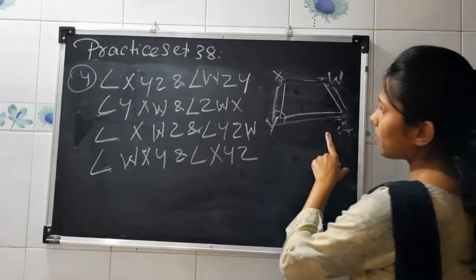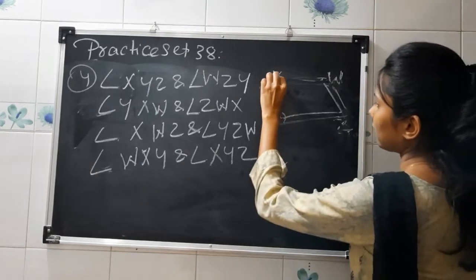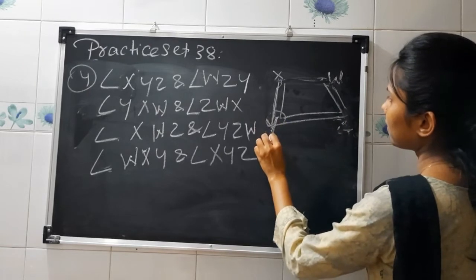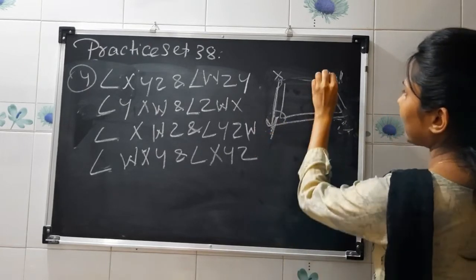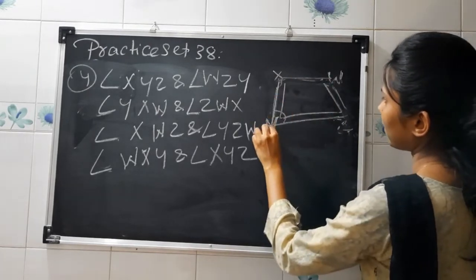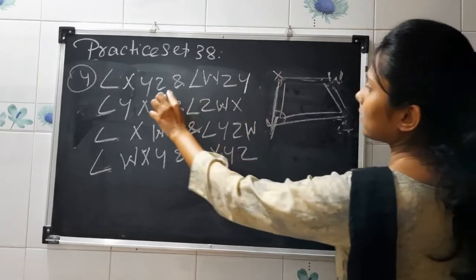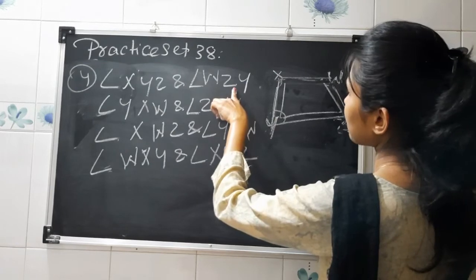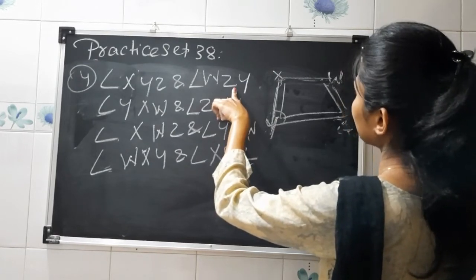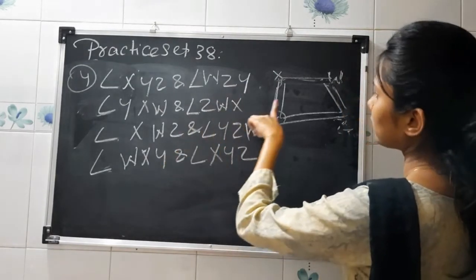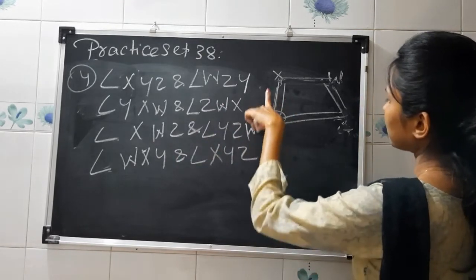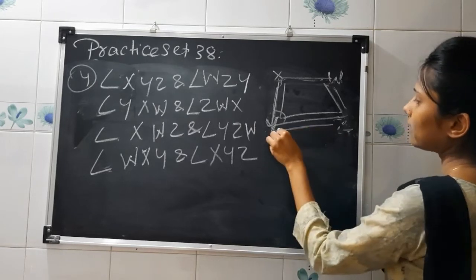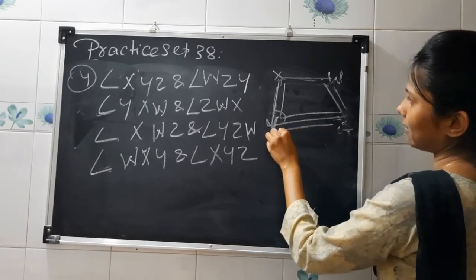So see here, angle XYZ and angle WZY: YZ is the common arm in both the angles.